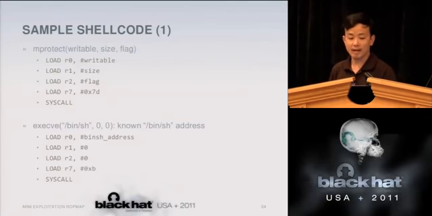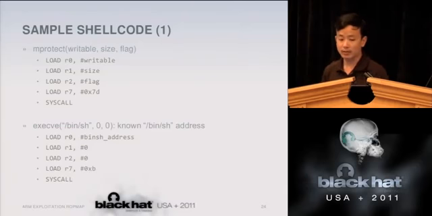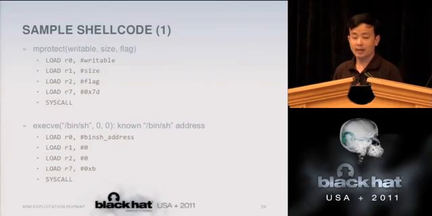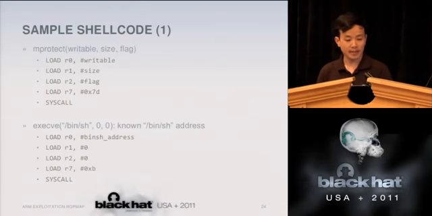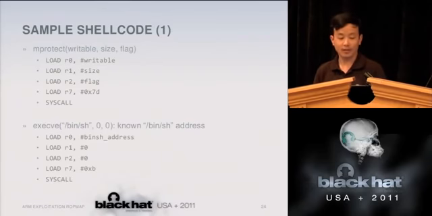On ARM architecture, it is equivalent to loading register 0 with the writable address, register 1 with the size, register 2 with the flag, and register 7 with the ARM mprotect syscall number, here 0x7d in hex, and then it's a syscall.